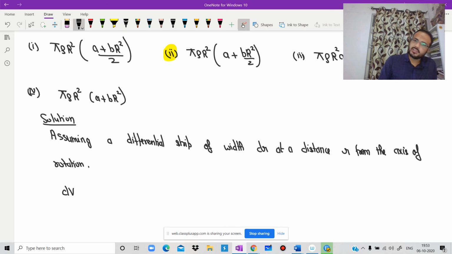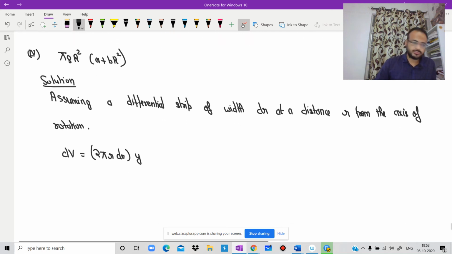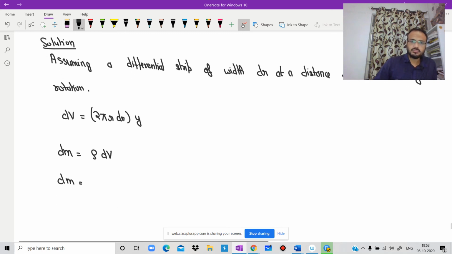So the differential volume of the strip is 2 pi r into dr, that is area into width. Mass is given by volume into density. So dm is equal to rho into 2 pi r into dr. The value of y is given in the question, a plus b r square.